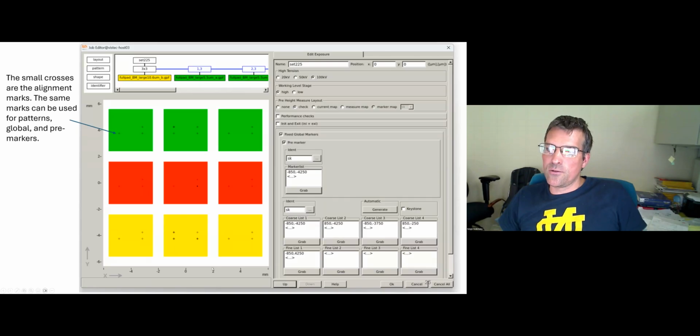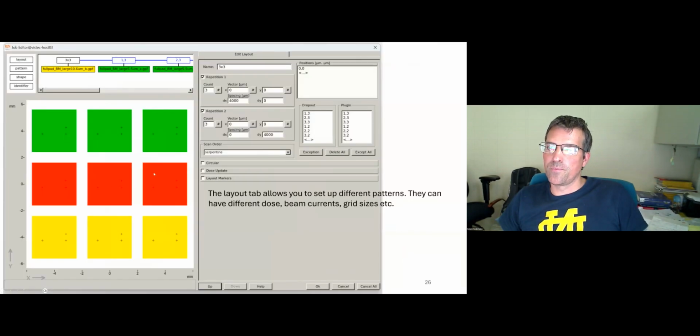So this is how it looks: these crosses are the different alignment marks for each pattern. And in this particular case, this is my pre-marker, which has this particular coordinate system. Based on that, the system knows, after you tell it where the other alignment marks are, you only need to find this pre-marker in the microscope and start the exposure here. And then the system will find all the other patterns.